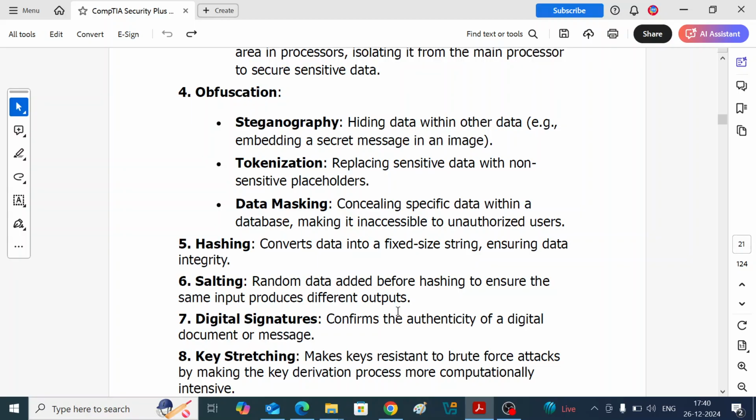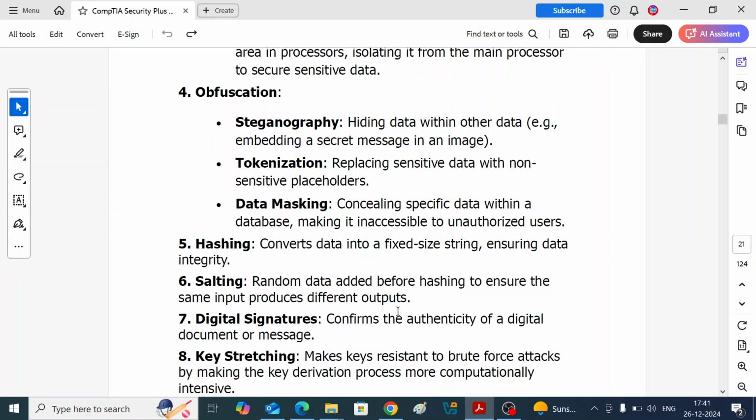Clear? Then let's talk about tokenization. What's tokenization? Replacing sensitive data with non-sensitive placeholders. That's called tokenization. It is the process of substituting sensitive data with non-sensitive equivalents, known as tokens.